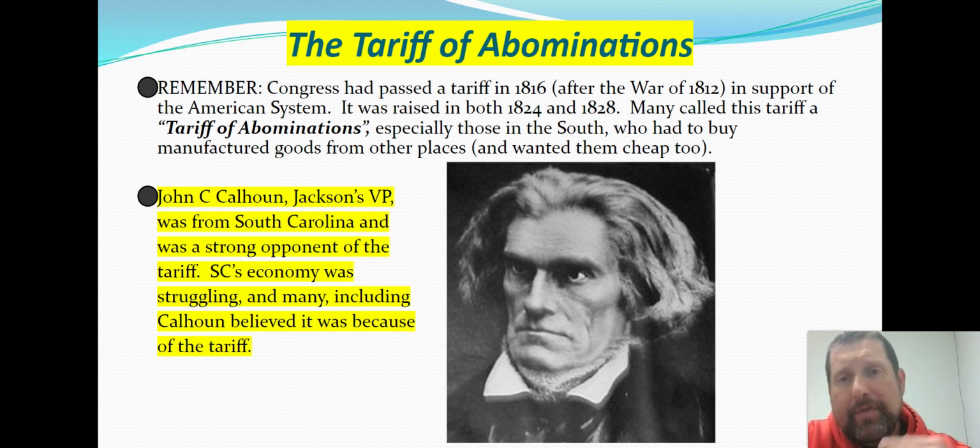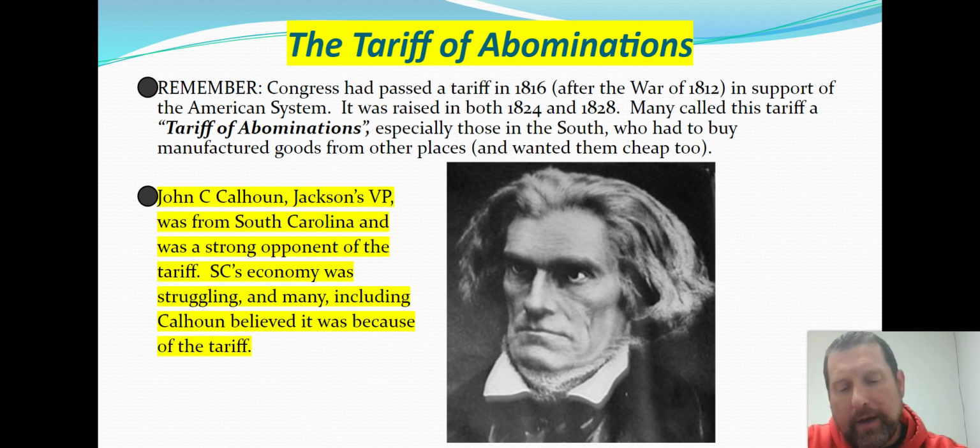Okay. This tariff is raised in 1824. It's raised in 1828. And who hates it? Well, the consumers hate it, right? Because the consumers are forced to pay, in their mind, artificially inflated prices. They could get themselves as consumers a better deal if there were more of a free market.